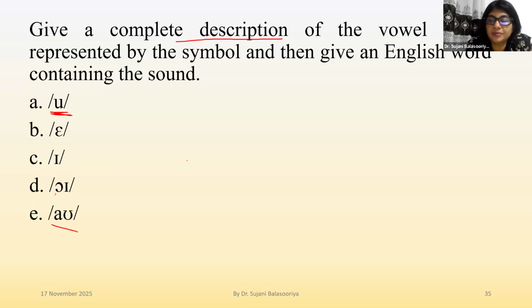This ow, the diphthong ow. Anybody has written anything about that? Okay, Senthil, you have written about centering diphthong and closing diphthong. Okay, right, that's also fine.